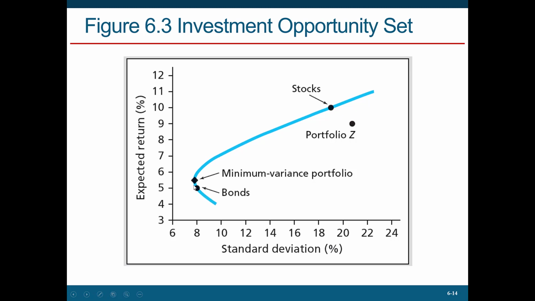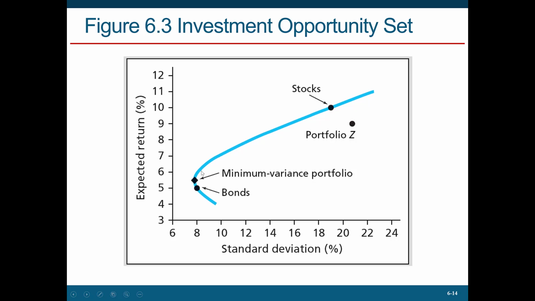What is the best portfolio that will give us the best risk-return trade-off? So here we are saying that irrespective of your risk preference, whether you're very risk averse or risk tolerant, all investors can disregard these portfolios on the lower part of the curve, and therefore what would remain are all these portfolios on the upper part of the curve, including the minimum variance portfolio.